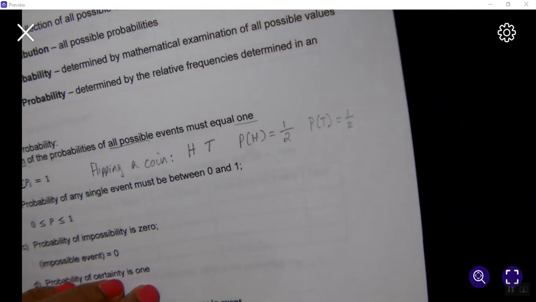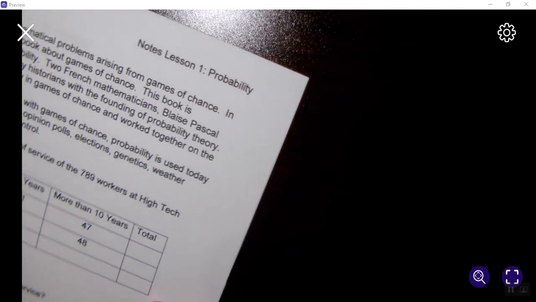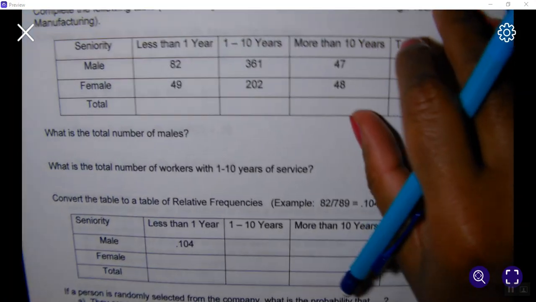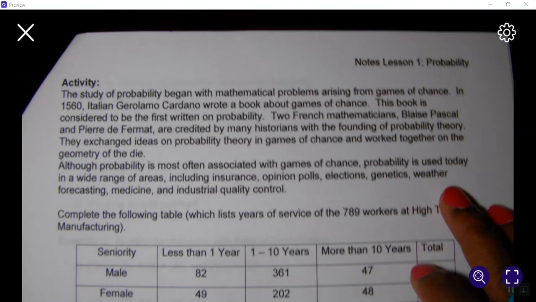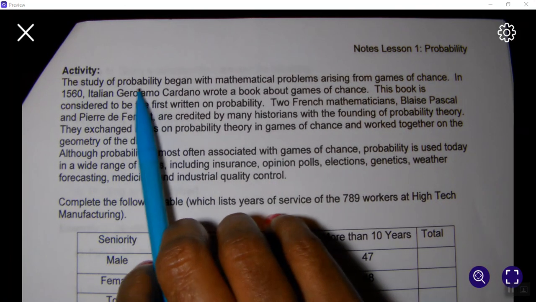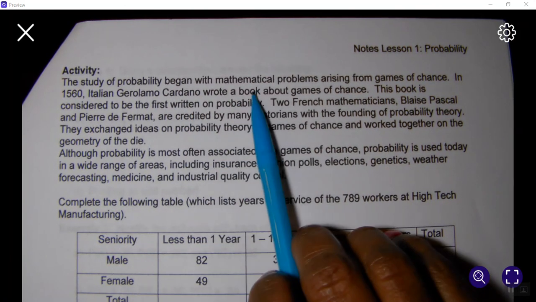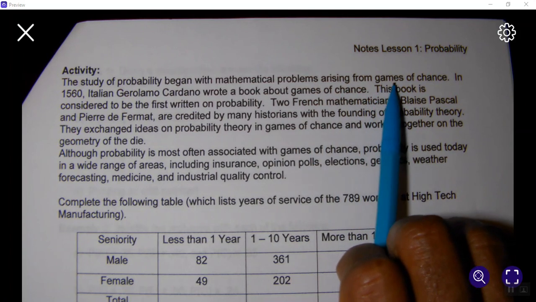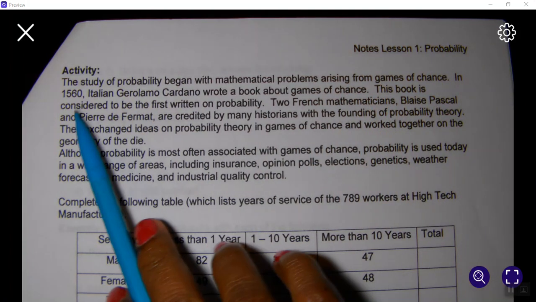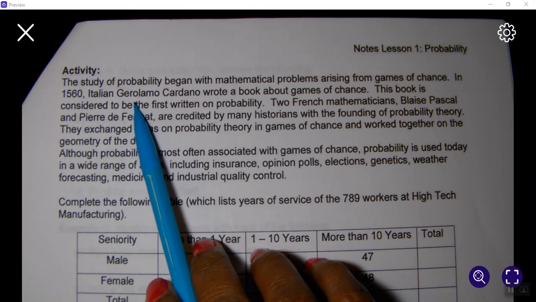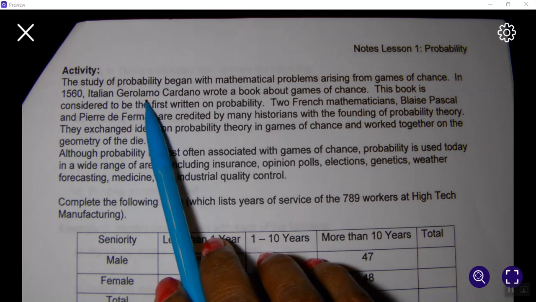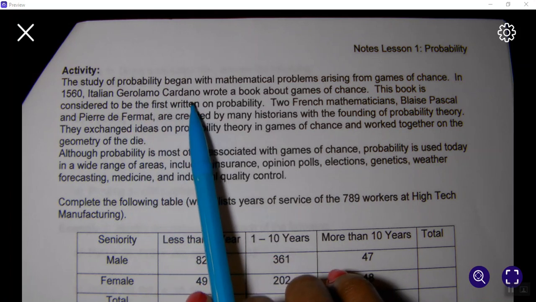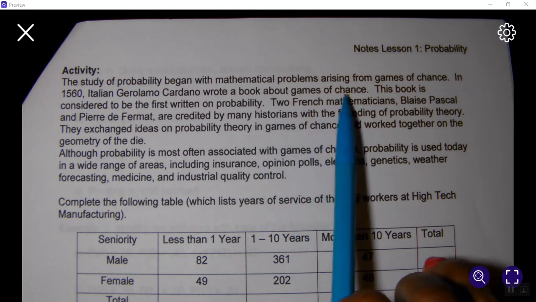So for our first example right here, we have this little activity. It says here, the study of probability began with mathematical problems arising from games of chance. In 1860, Italian Girolamo Cardano wrote a book about games of chance.